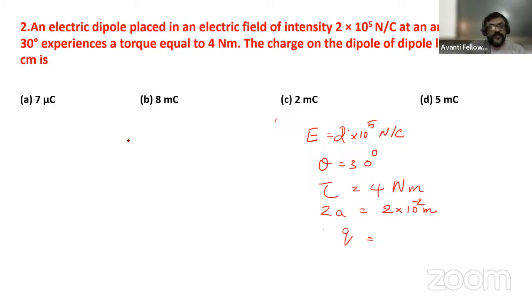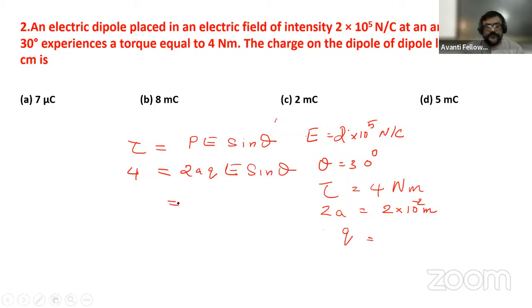So we should recall the equation for the torque. The magnitude of torque is given by P E sine theta. Torque is given, it is 4. And P is 2A into Q. So this is 2A into Q E sine theta. We can substitute the values. The length of the dipole 2A is 2 into 10 raised to negative 2. Charge we have to find.